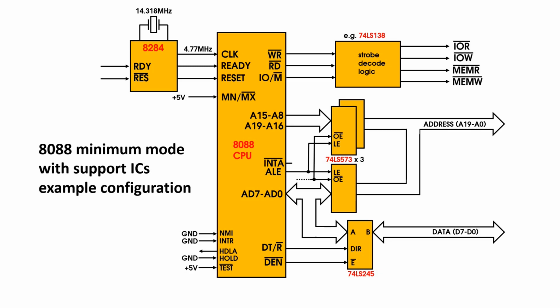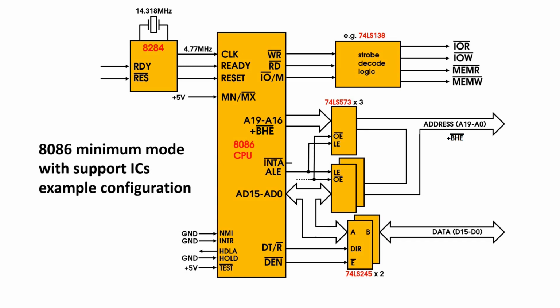Now it's interesting to look at what an 8086 system in minimum mode would look like. And this is what we have here. So now the difference is we still need the latch on the upper 4 address pins, A16 to A19, but now we need 2 8-bit latches because we have 16 AD pins, and so each of the TTL chips latches 8 bits each, the upper 8 address pins and the lower 8 address pins.